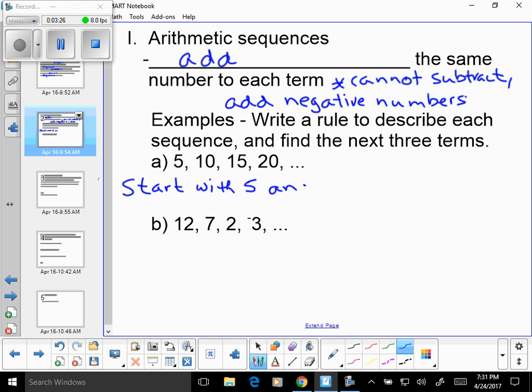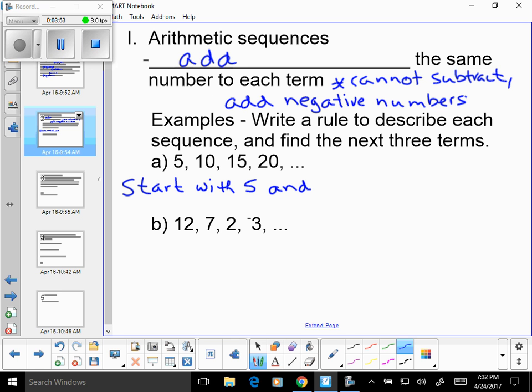Now we have to figure out what is done. How did I get from that first term of 5 to the second term of 10? I could have multiplied by 2, but is that going to work to go from 10 to 15? No, it's not. And remember, this is a section on arithmetic sequences. So I'm either going to go from 5 to 10 by multiplying by 2 or adding 5.